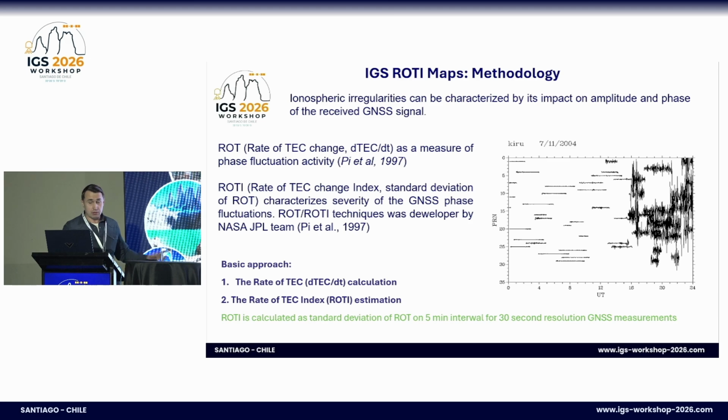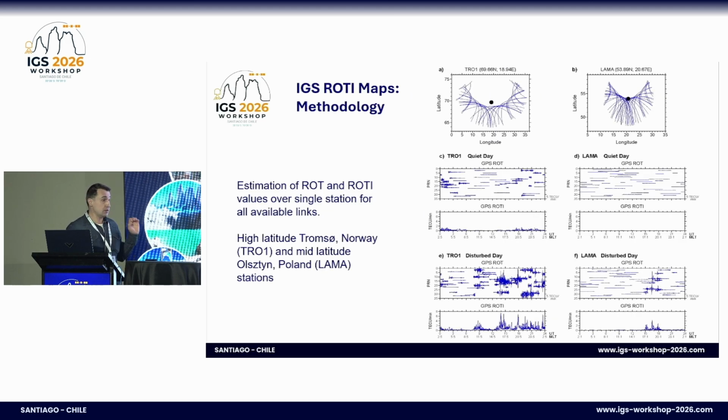We calculate these two indices for the core product, which is based only on GPS observations for every single station. Here are two examples: one station located at high latitudes, Tromsø, where atmospheric irregularity is more expected, and the other a mid-latitude station, Olsztyn.